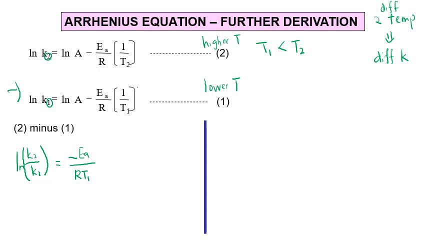We multiply this in so that it is easier for the calculation later. And then minus negative EA over R, 1 over T2. Minus minus will become positive, so plus EA over RT2. Now I factorize the EA over R.